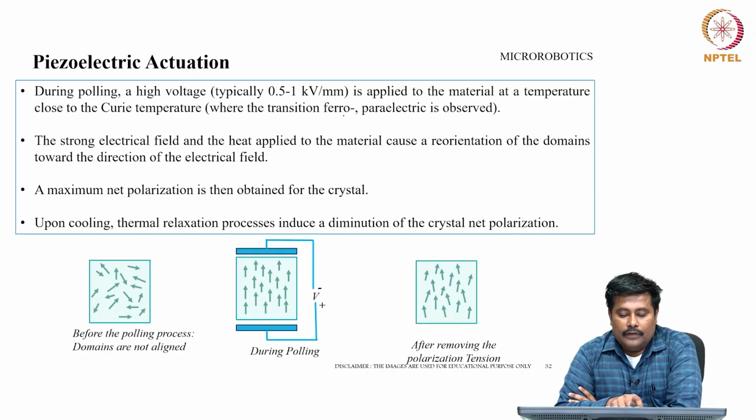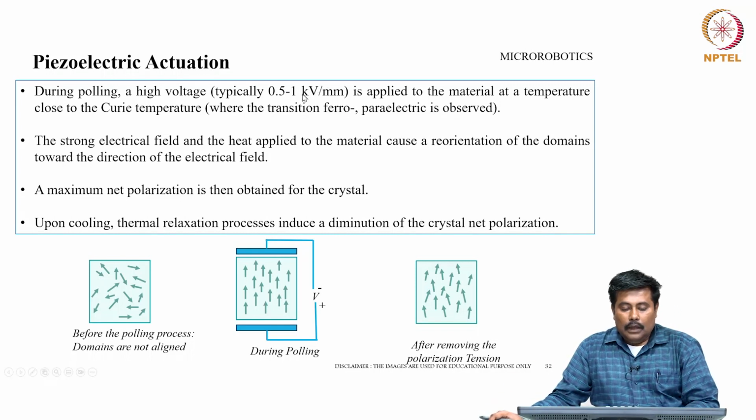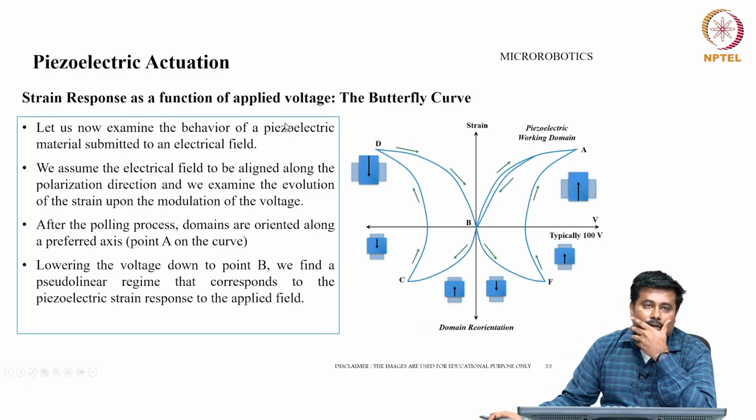The strong electric field and the heat cause a reorientation of the domains towards the direction of the electric field. A maximum net polarization is then obtained for the crystal. Upon cooling, the thermal relaxation process induces a diminution of the crystal, which results in the net polarization. So, these are the different steps involved in the polarization activities.